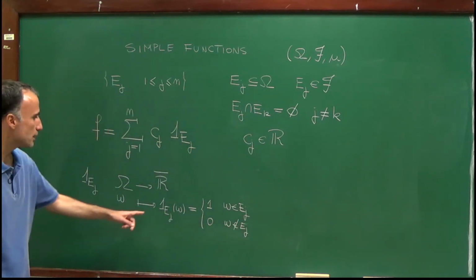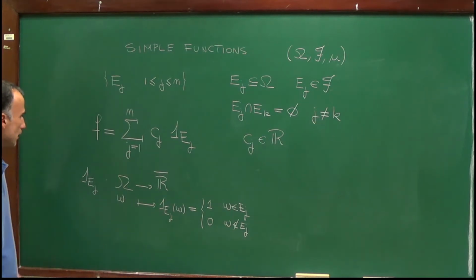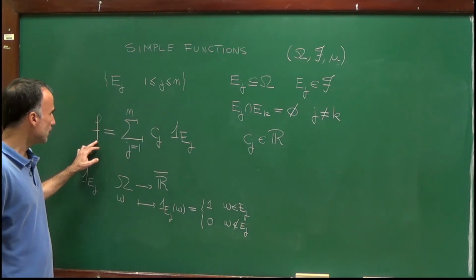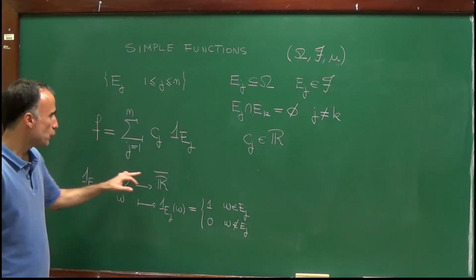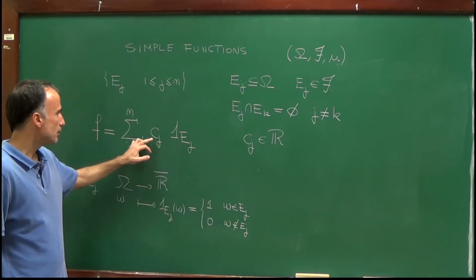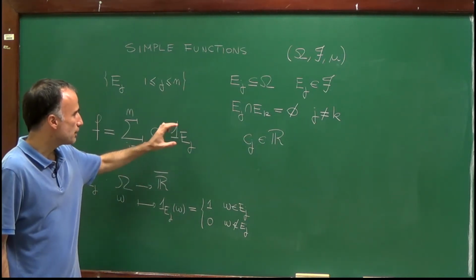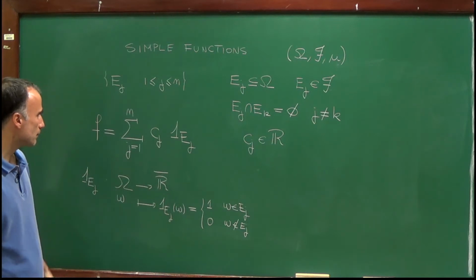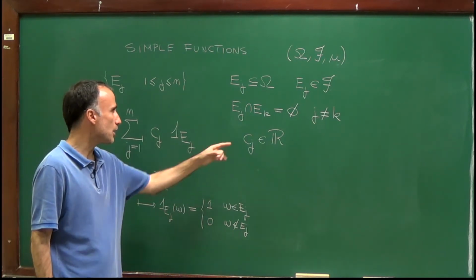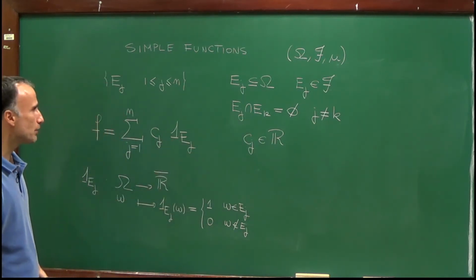Right? So this is the indicator of the set E_j. So I'm defining a function f, which on the set E_j takes the value c_j. And the E_j are all sets in the sigma algebra which are disjoint two by two.